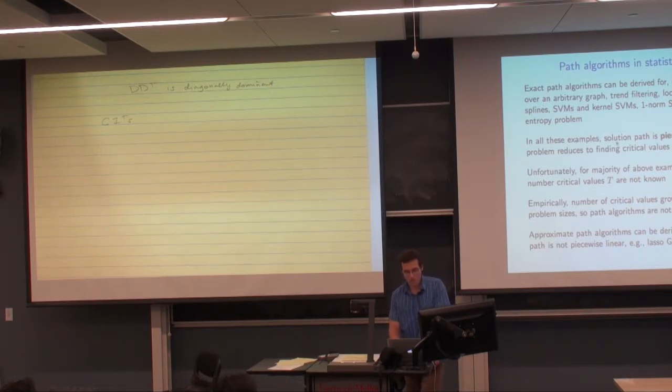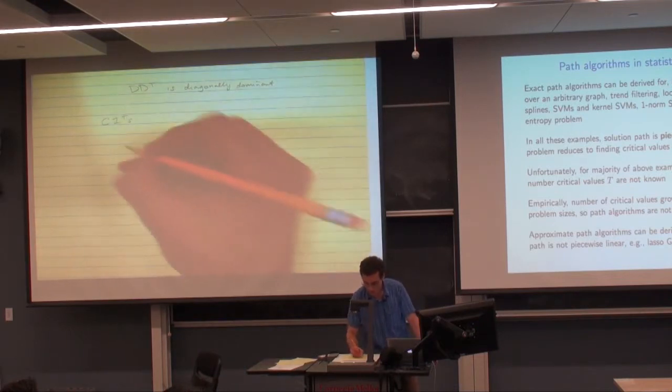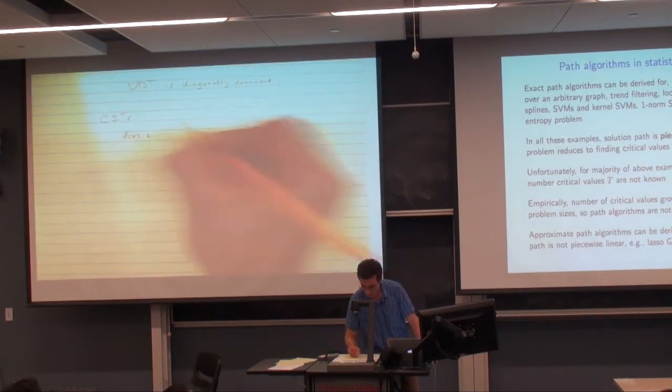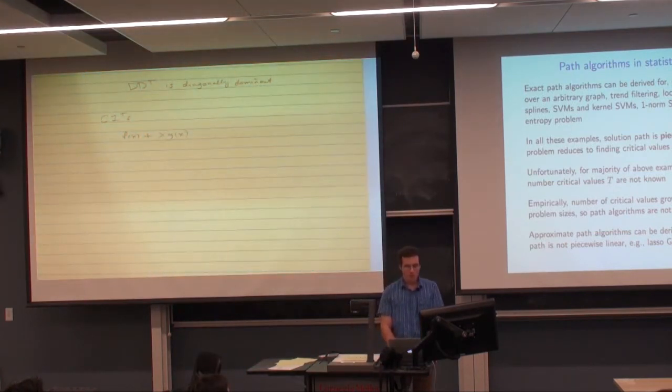In all of these examples, they follow the same prescription as the one we talked about, which is that the solution is piecewise linear in lambda. Remember, lambda was the tuning parameter in this general problem. So the problem of computing the path reduces to finding a finite number of critical points, just finding the t points at which the solution changes. It's exactly linear in between those.